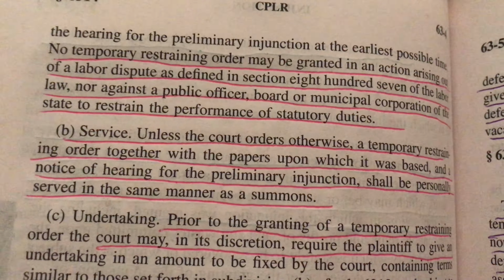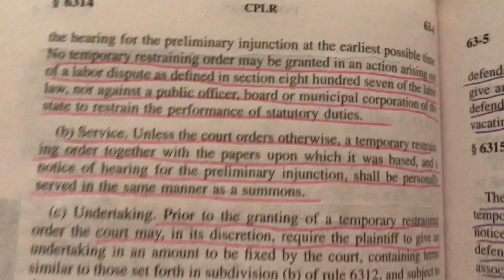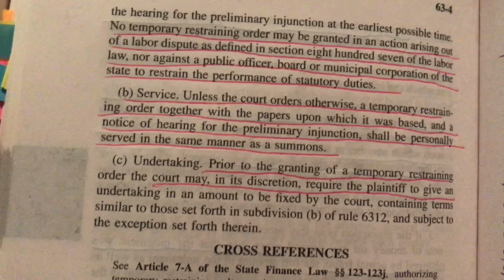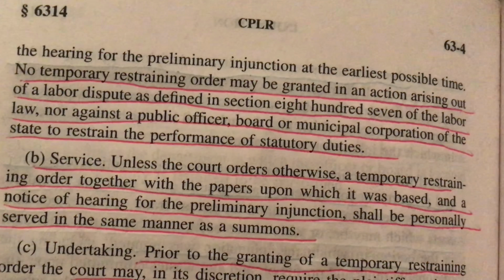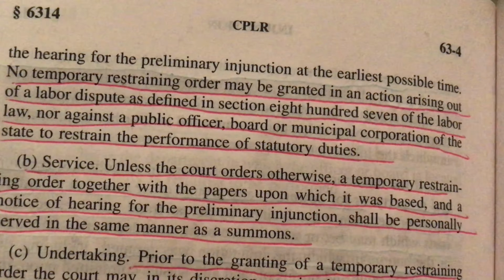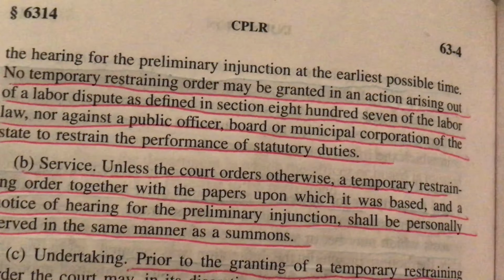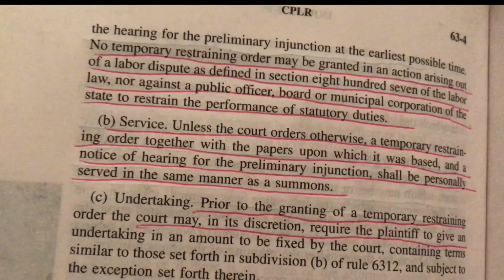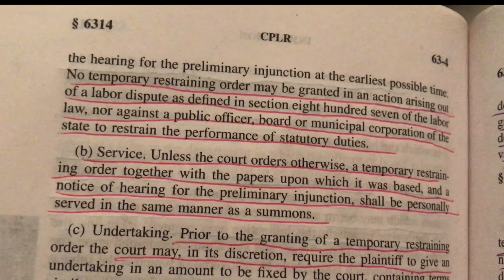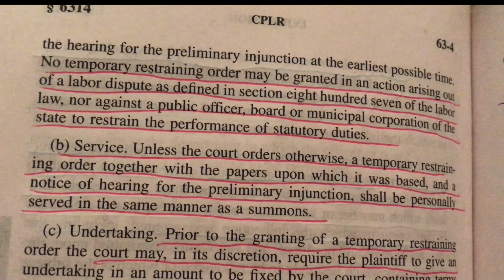No TRO may be granted in an action arising out of a labor dispute as defined in Section 807 of the Labor Law, nor against a public officer, board, or municipal corporation of the state to restrain the performance of statutory duties. So for a TRO, no labor disputes and no public board, officer, or municipal corporation of the state to restrain someone from doing the statutory duties.